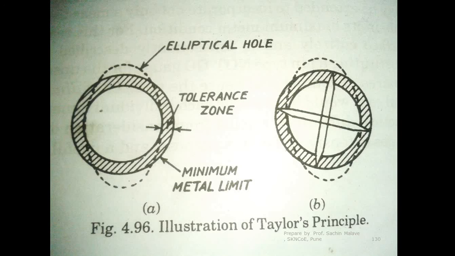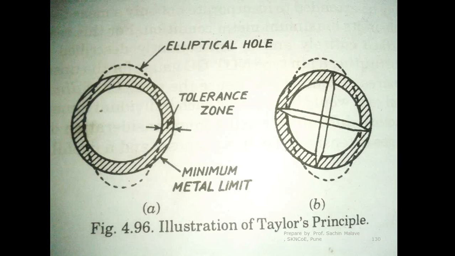Go end of the gauge is going to pass because the minimum size of the actual hole is not less than the minimum permitted size, isn't it? This hole is not crossing this here. So the go end is passed, that's why one condition is satisfied. The go end should pass.